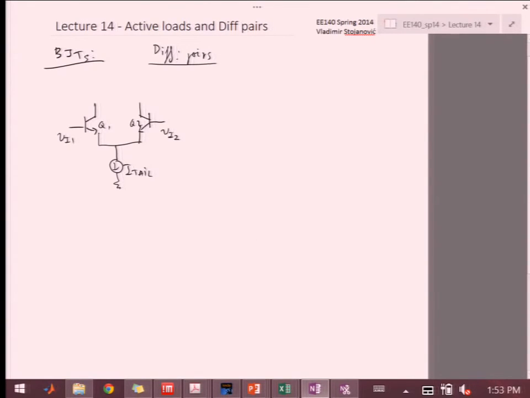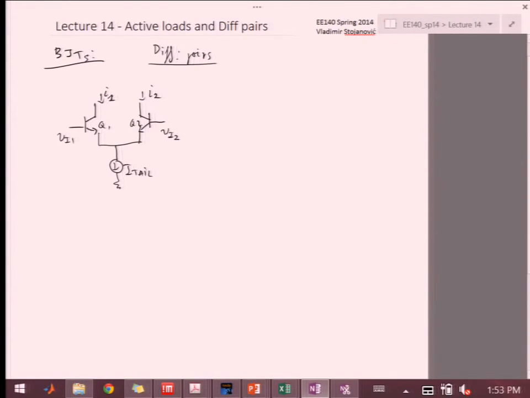I have VI1 and VI2. And then I'm trying to figure out what is the transfer function from input to the output currents, right? I have I1 here and I2 here.